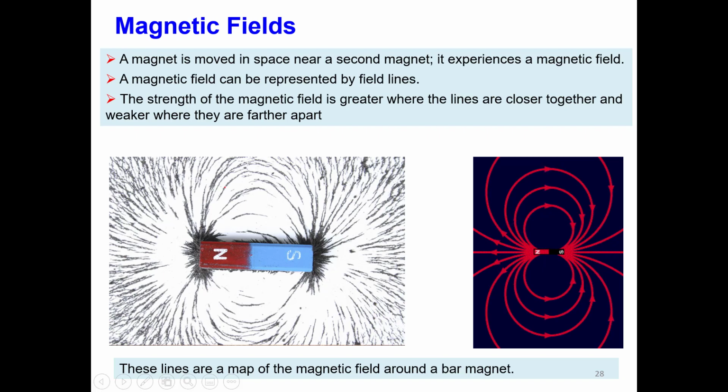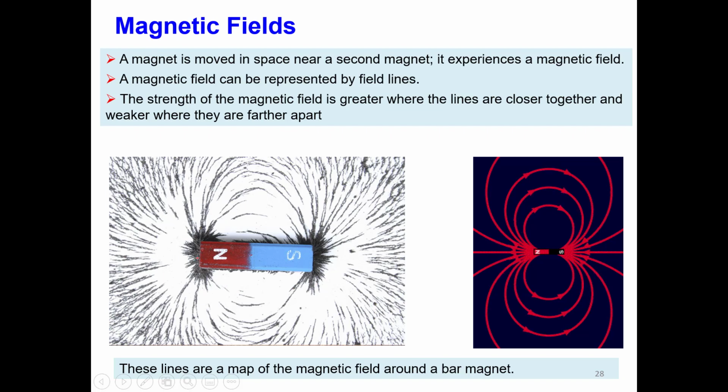We can see how the iron filings rearrange because of the presence of this magnet. Yes, this magnet changed the space around. These lines forming here correspond to the lines of the magnetic field.